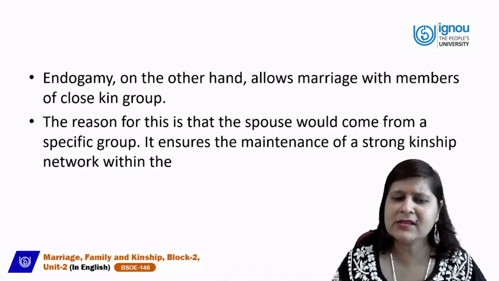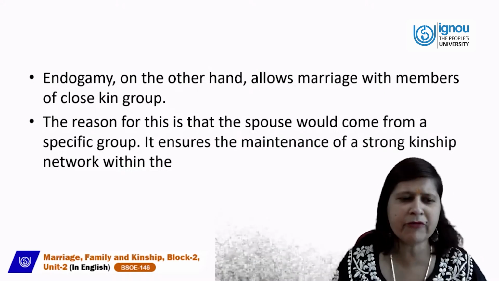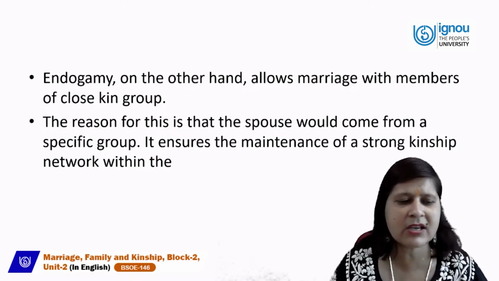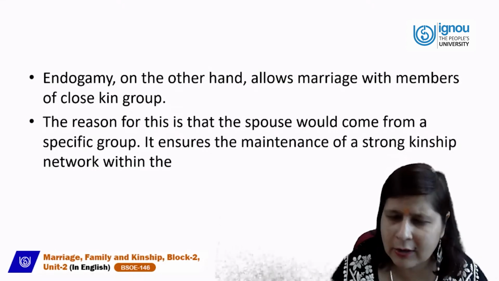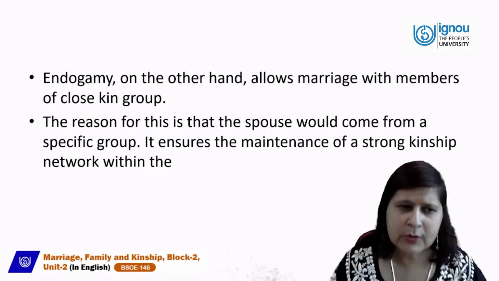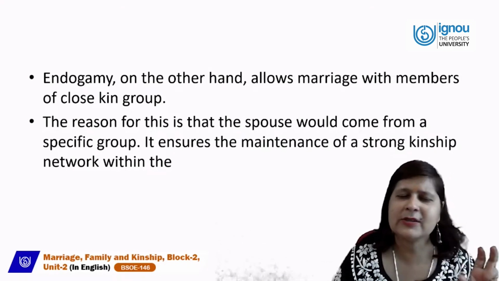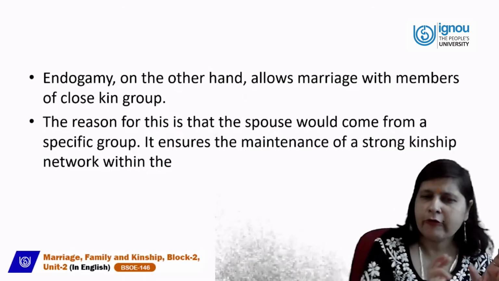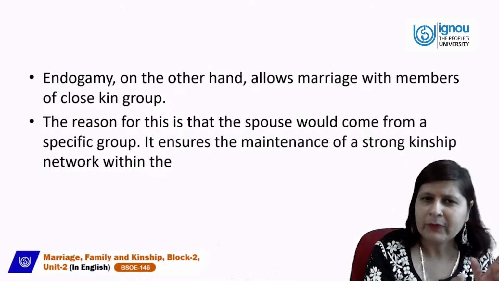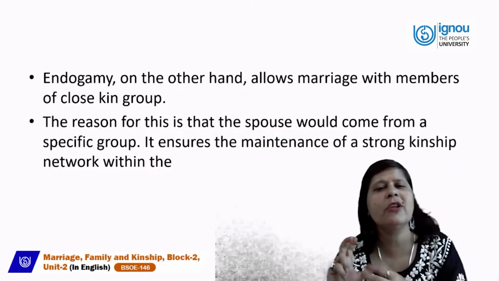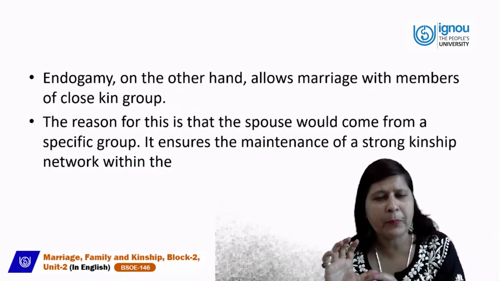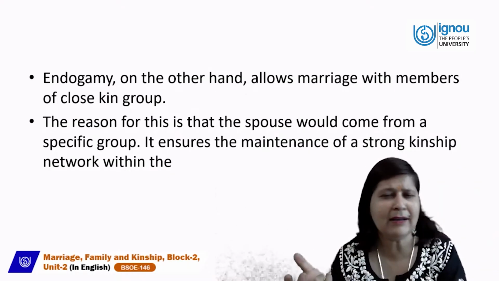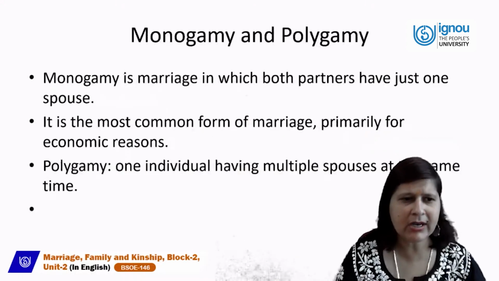The reason for this is that the spouse would come from a specific group. It ensures the maintenance of a strong kinship network within the group, right? So exogamy is a rule of prohibition which states with whom one cannot marry, and endogamy is a rule of prescription. It defines whom one should prefer as a marriage partner, right?